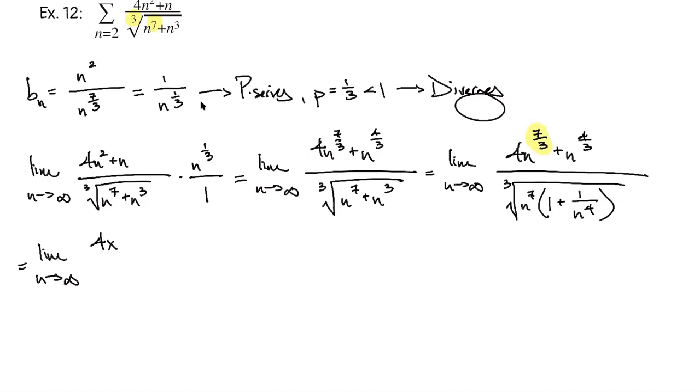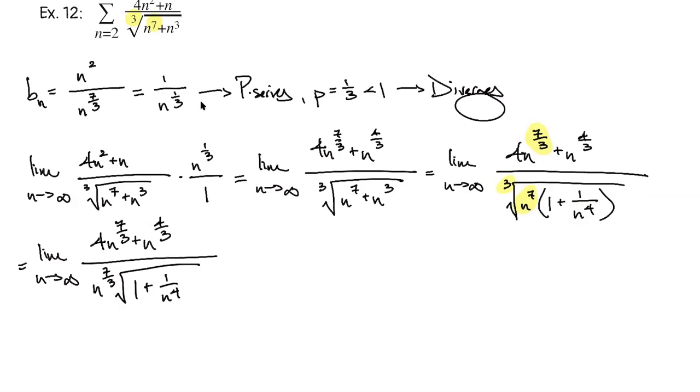So look at what we did. Whoa. I have created this n to the 7/3 that I can pull out of the radical. And what's left is that inside.